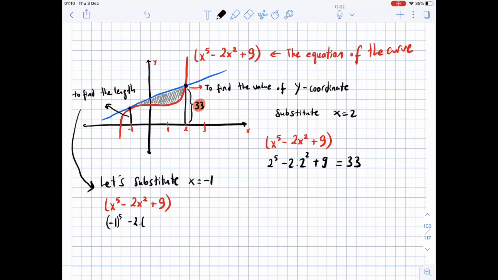So -1 to the power of 5 minus 2 times -1 squared plus 9, which is going to be 6. So this is the length of the bottom side.